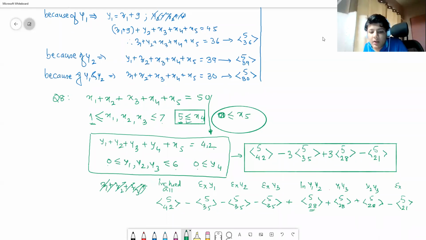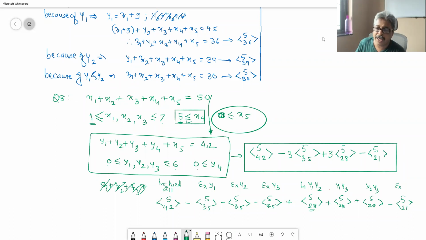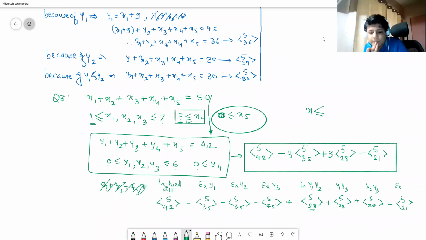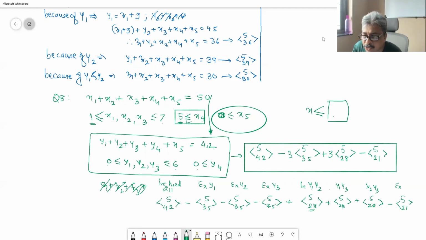Sir, but why didn't we include it in the final answer? Yes, we have to see, all this inclusion happens if x4 was less than or equal to some number. Then inclusion exclusion, that is what I am calling an upper bound.